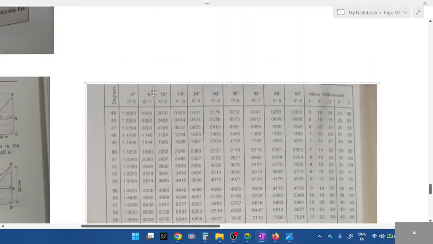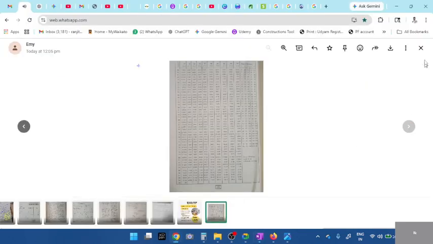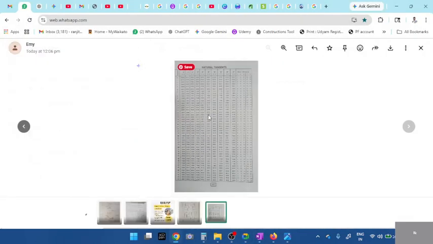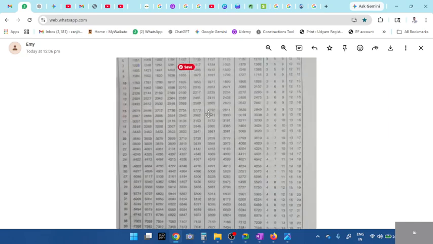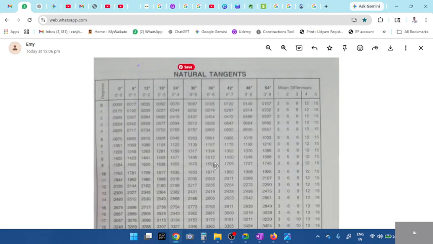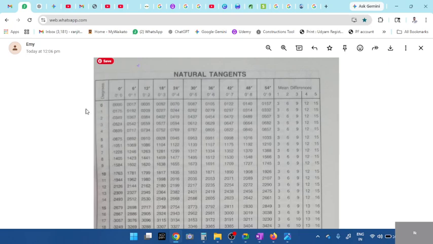Can you all see the values here? 0 degrees, natural tangent. Which one is this, Amy? Okay, this is for tangent, sine and cos, students. You'll have 2 pages. Can you see natural tangent given? This is for tan value, students. In the first sheet, what are the angles given?